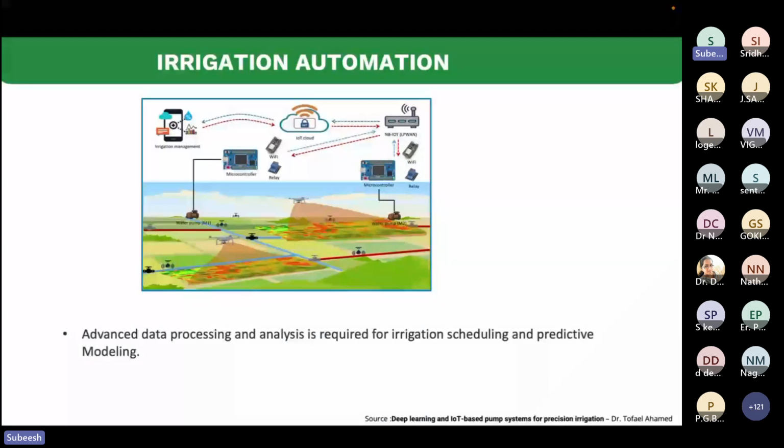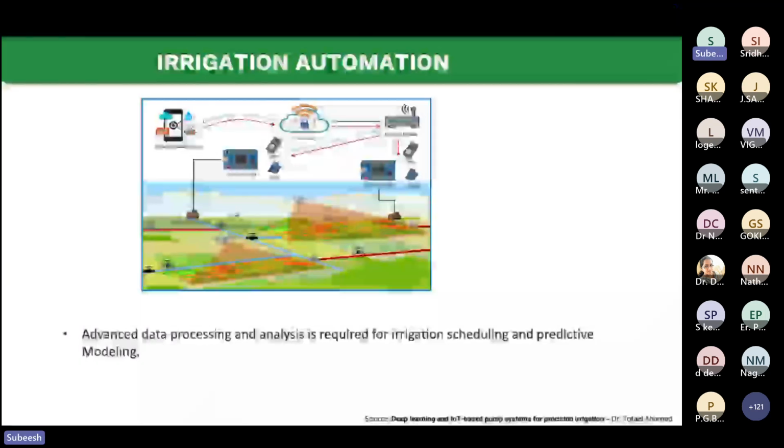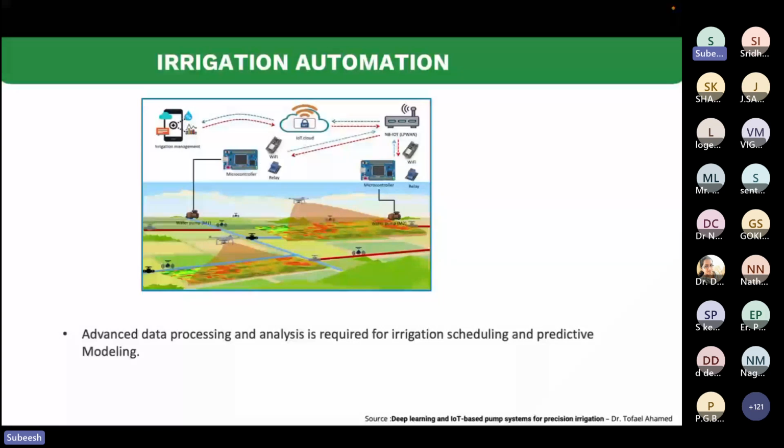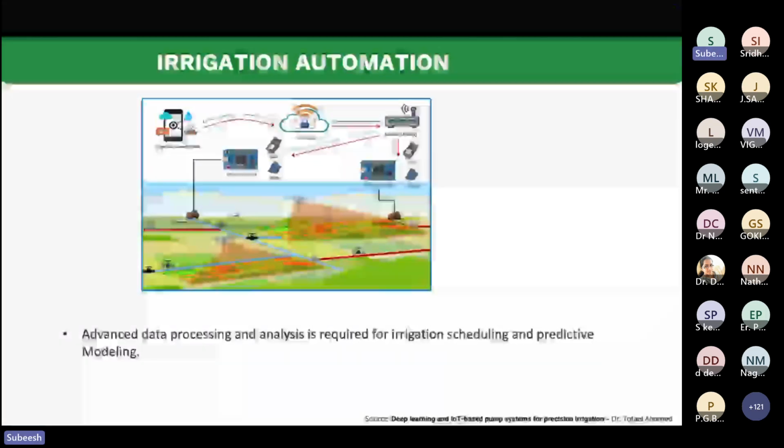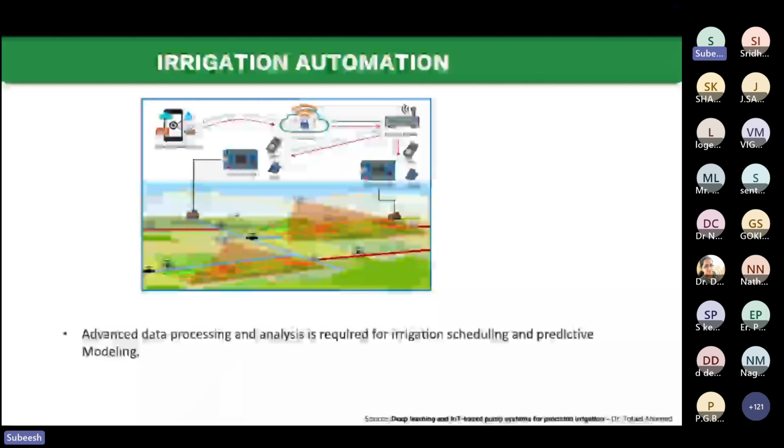Or if you're integrating image-based things, then that requires machine learning or deep learning. Especially when you have a drone mounted system and you want irrigation scheduling for the upcoming season, for a longer duration, then again there is use of deep learning and image analysis.